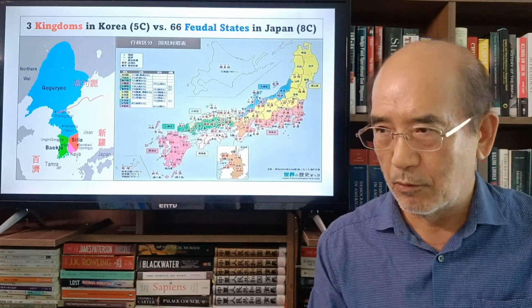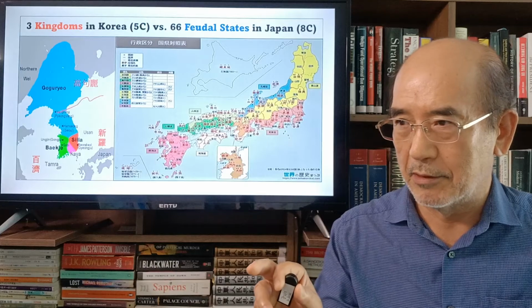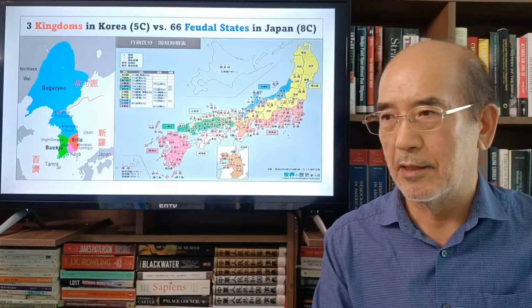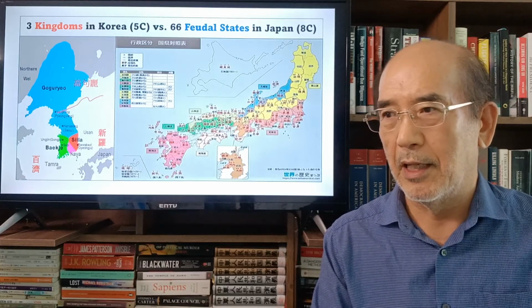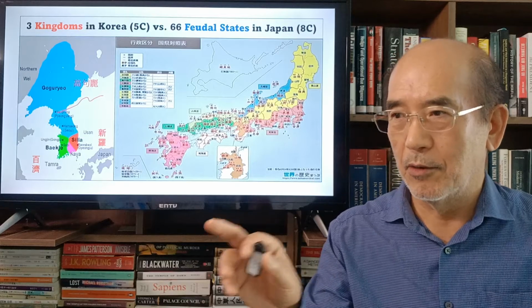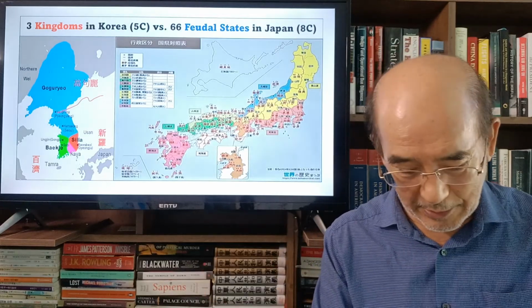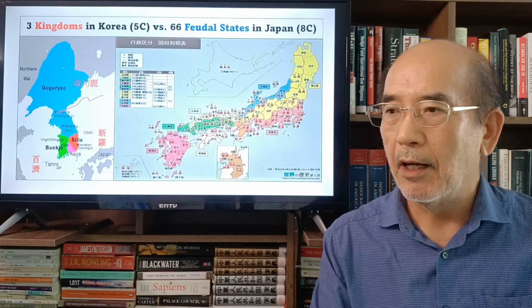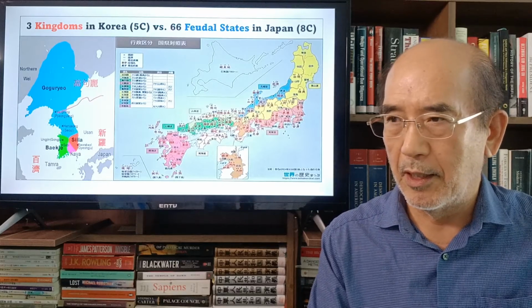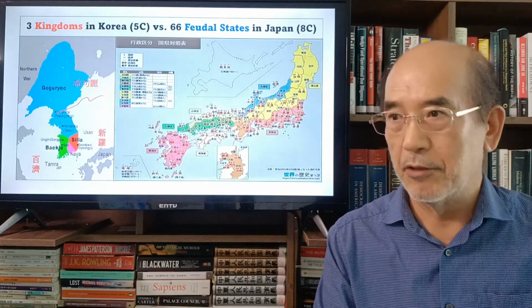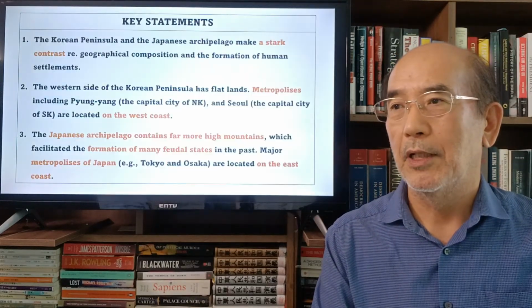So even though we don't go into those Chinese characters, in modern Japanese trains and so many things, we have names using those old feudal state names. So Japan is really similar, in a sense, to Middle Age Europe compared to the Korean Peninsula.